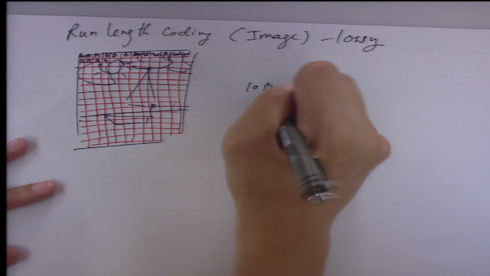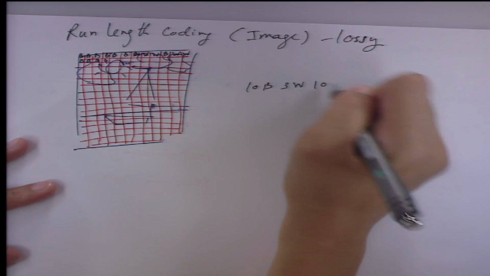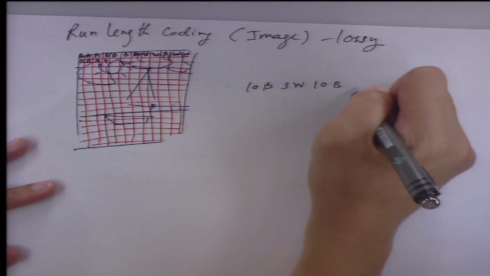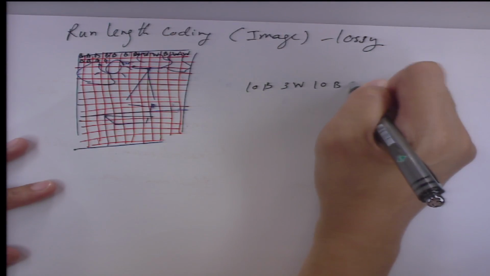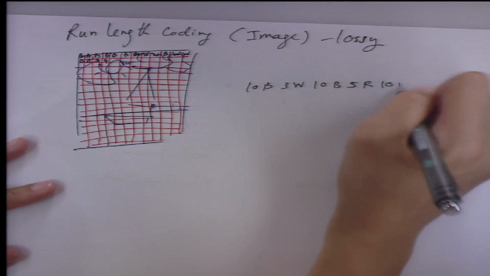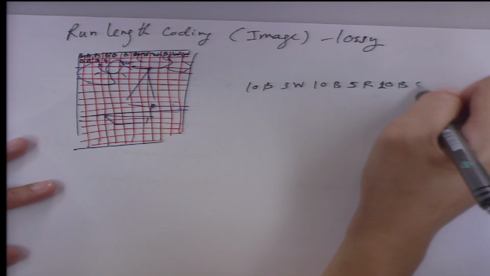So what we do is, for example, this may be 10 blue, 3 white, 10 blue, something like this, and then maybe 5 red, 10 blue, 20 blue, for example, 5 white.